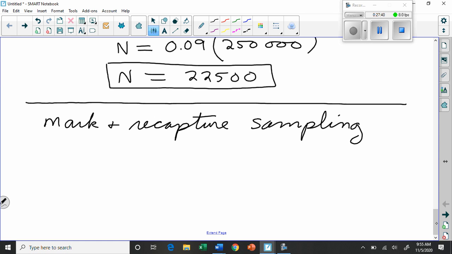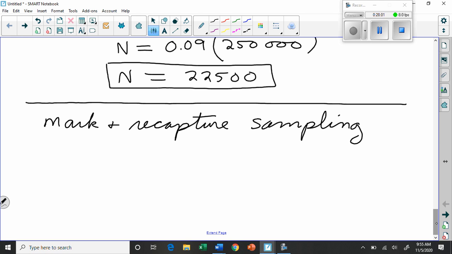It's a little bit confusing, but once you get your head around it, it's not so bad. So here's what you do. You have a whole bunch of animals in a region. So you go and you trap some, you capture them alive, and you mark them. You put a tag on them, you spray paint something on their fur, whatever. You put some kind of mark so you know that those were the ones that you caught.